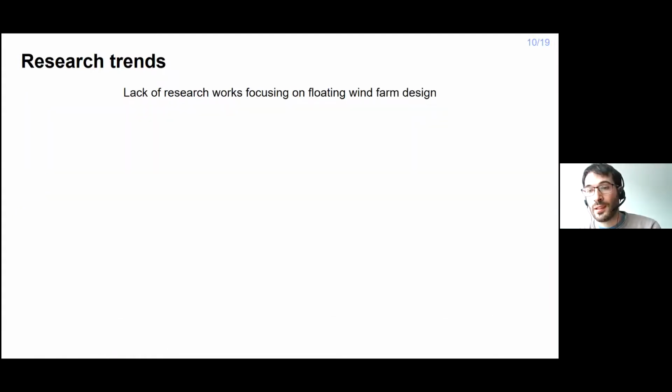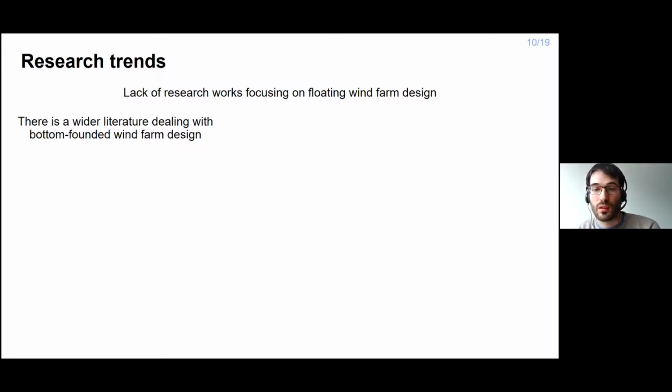So how to carry out a literature review on something where there is no extensive literature about how to solve this problem? Again, it is possible to draw some parallelisms with conventional bottom-founded offshore wind farms, as some interactions typical of bottom-founded offshore wind will also characterize floating wind farms.